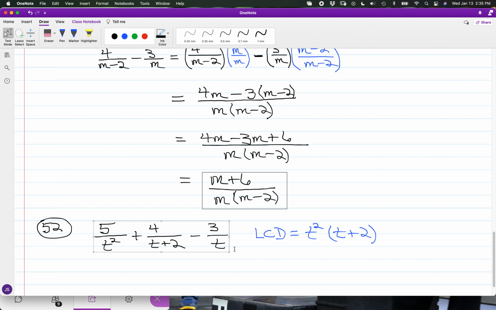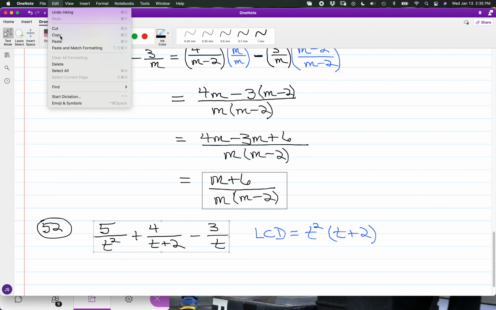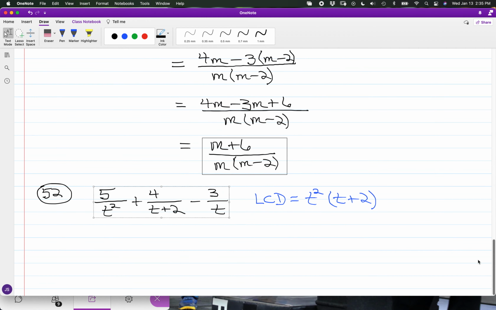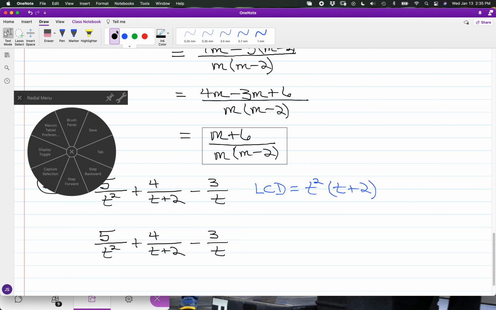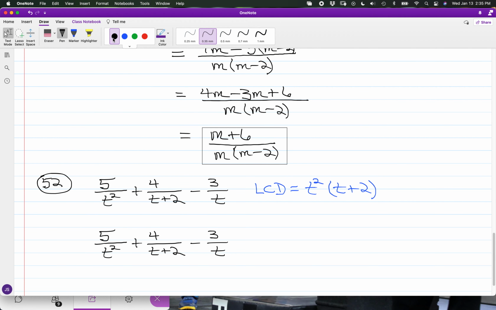And so, looking at combining the fractions together, I'm going to rewrite what I have here in terms of the least common denominator. Okay, so we have 5 over t squared. We have the t squared factor, but we still have the t plus 2 left over.